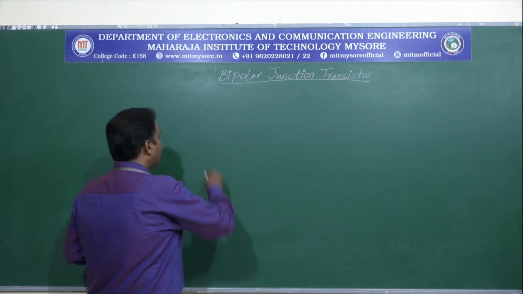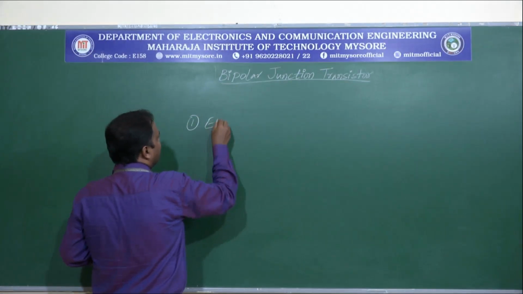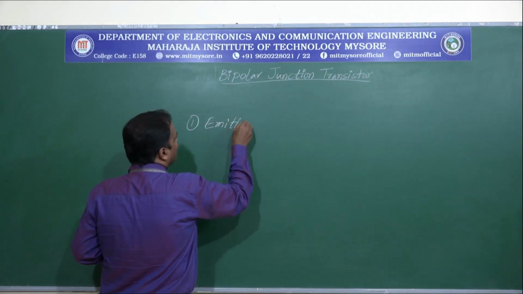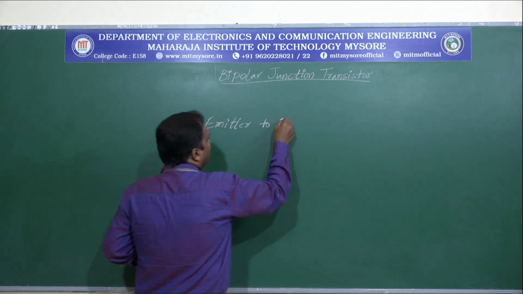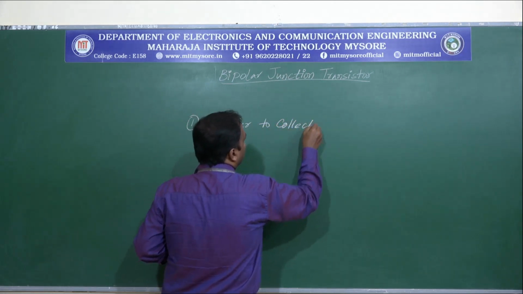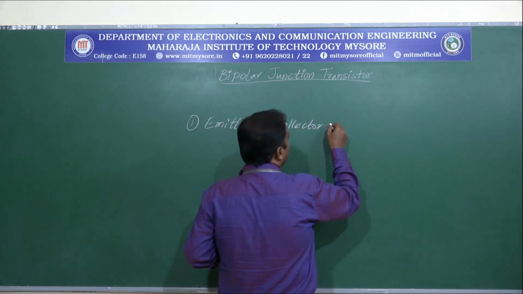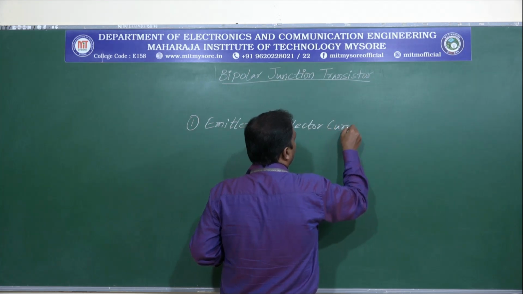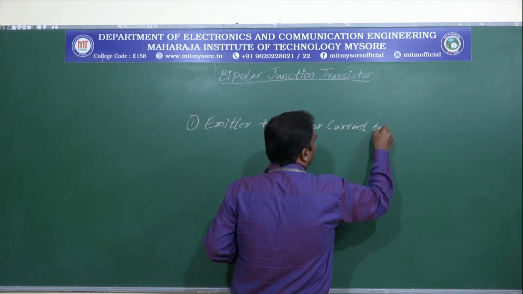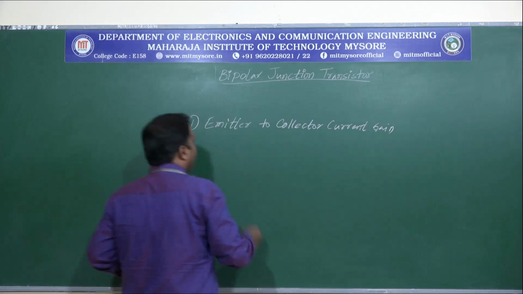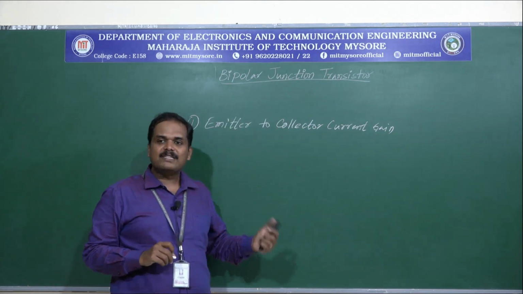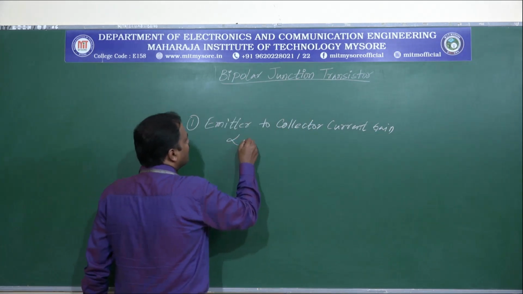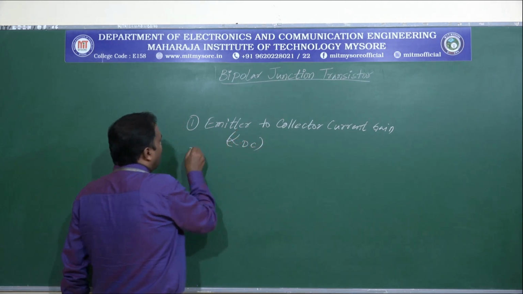Number one is emitter to collector current gain, and this is represented as alpha DC.